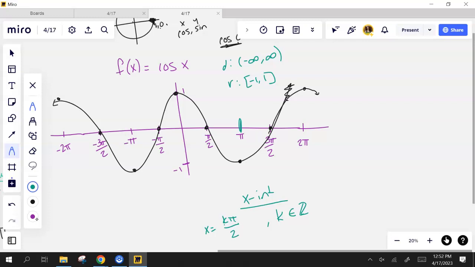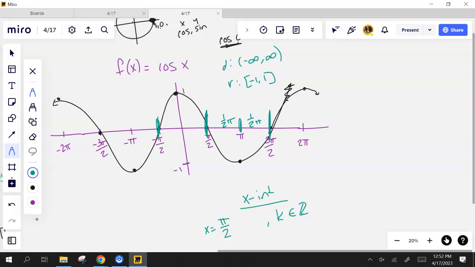Okay, at pi over 2, you're getting there. If I start at pi over 2, you're close. How long does it take to get to the next one? How much space is between here and here? This is half a pi. This is half a pi. Pi. Is there always pi space between it?